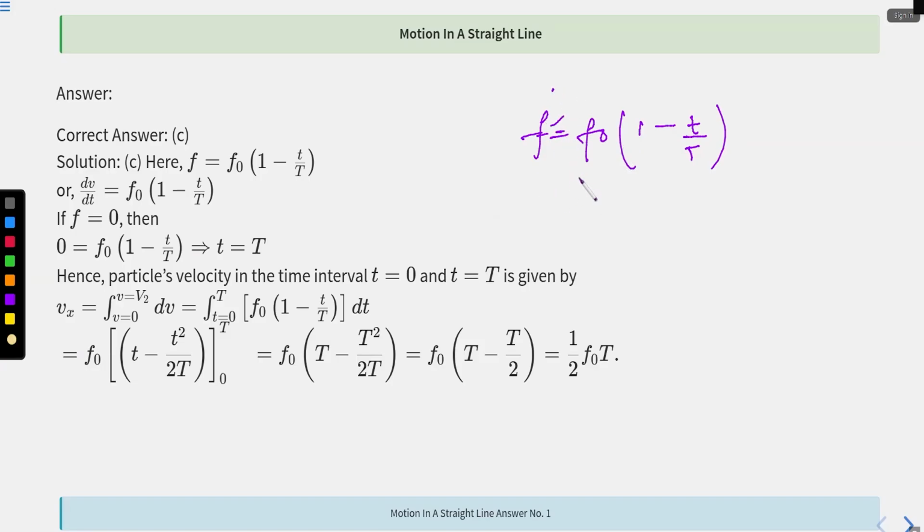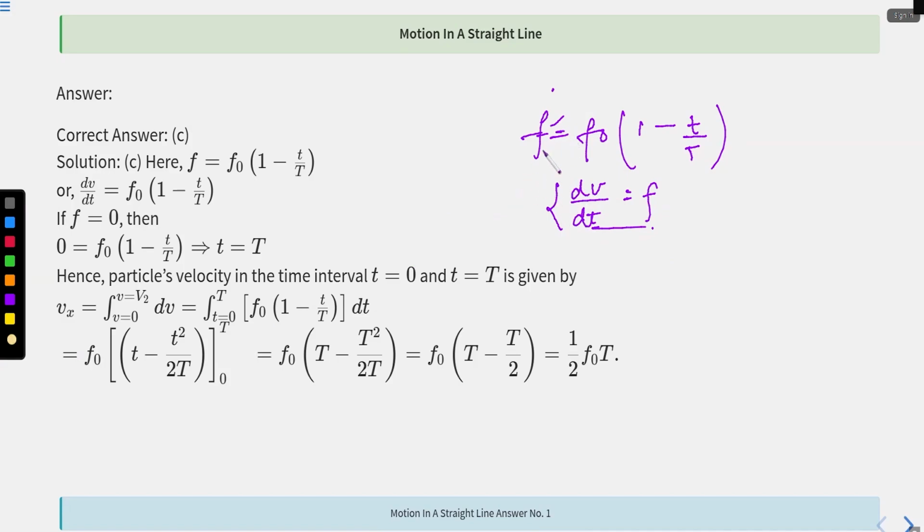We know that acceleration is the rate of change of velocity, so that will be dv by dt. We can say that f equals dv by dt, which is the differential form of representing the change of velocity with respect to time.